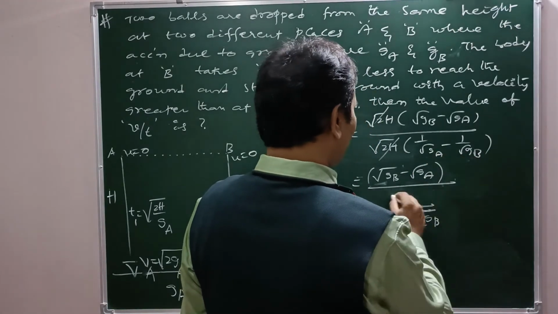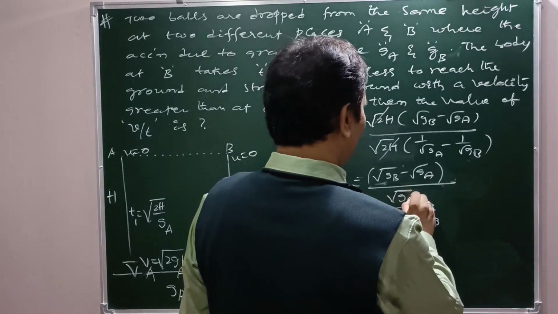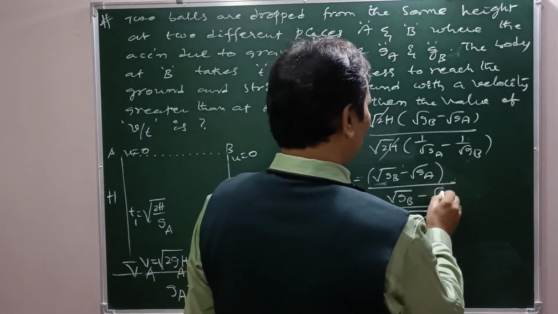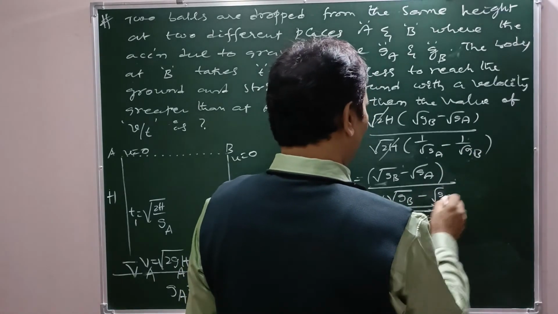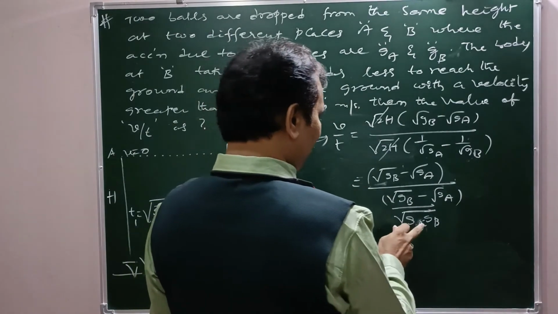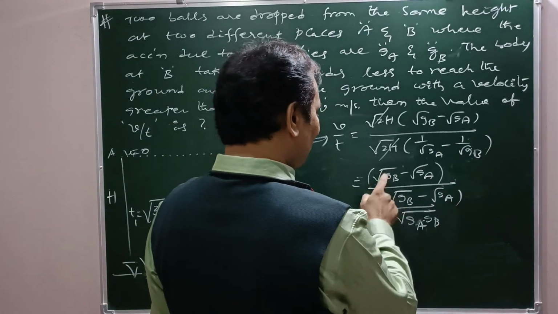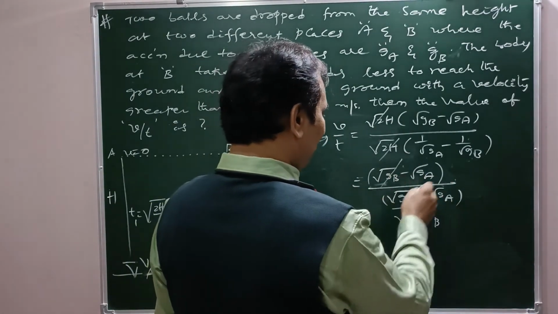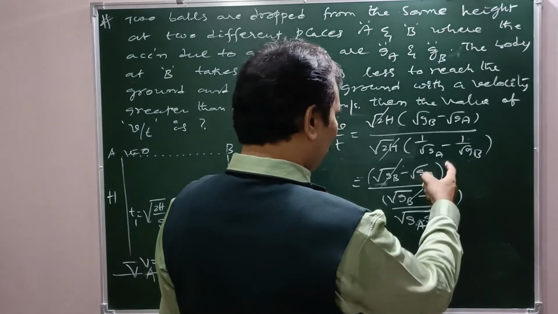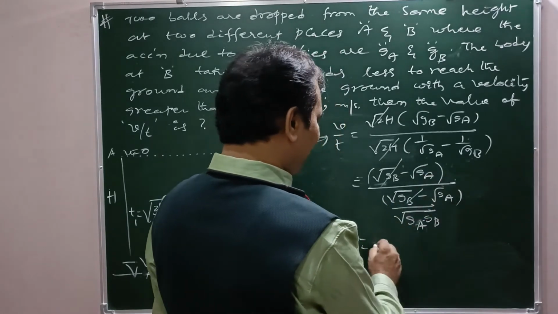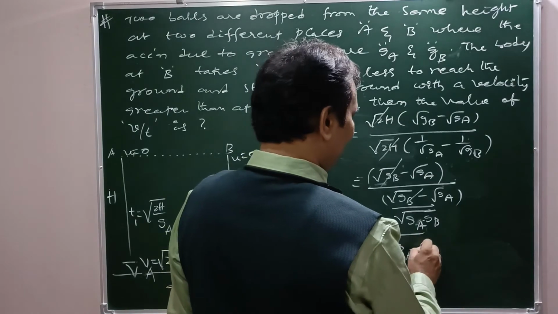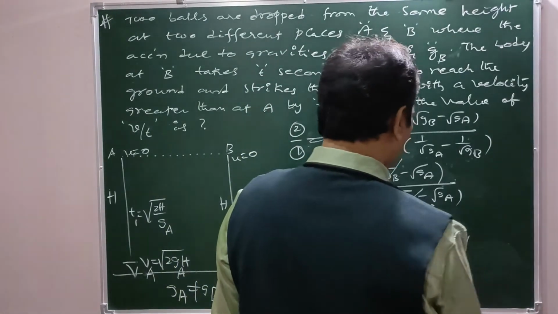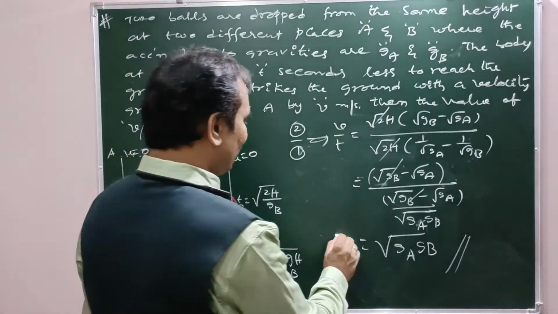Now 1 into root GB, root GB, minus 1 into root GA, that is root GA, right? Now this term goes to the numerator, this term by this term cancel with each other. That equals 1 by root GA GB, means root over GA GB. This is what V by T is.